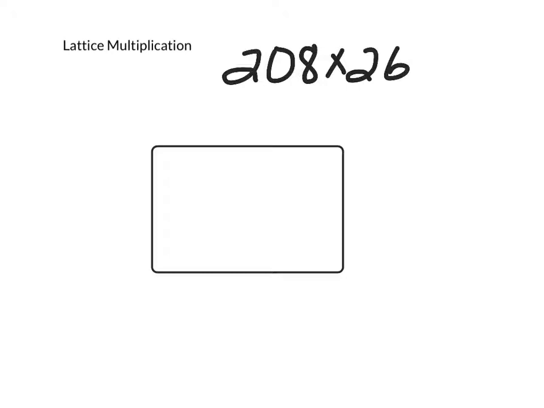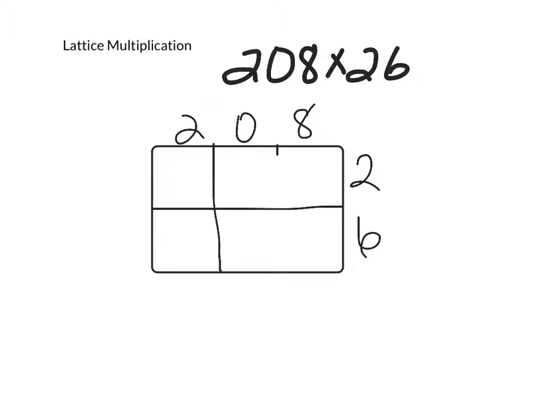So let's do one more lattice multiplication, and this time I'm not going to focus on the place value. If you want to try to figure that out as we go along, think about where the colors are and what you're actually multiplying when you make these boxes. So I'm doing a 3-digit by 2-digit. 208 goes on top, and 26 goes on the right. Make my diagonal lines.